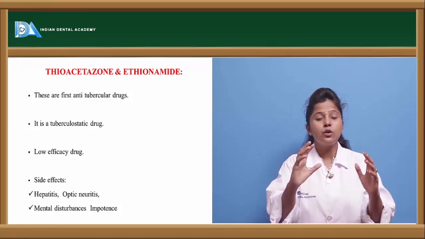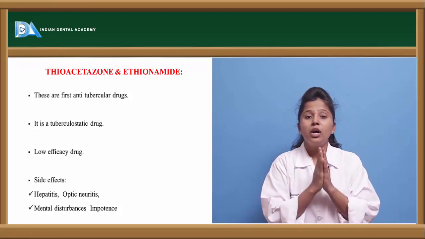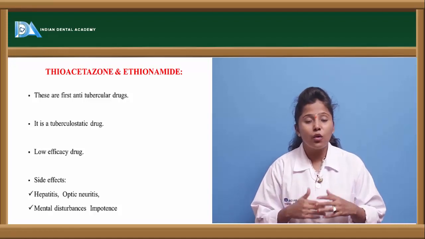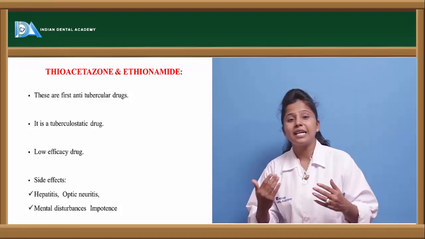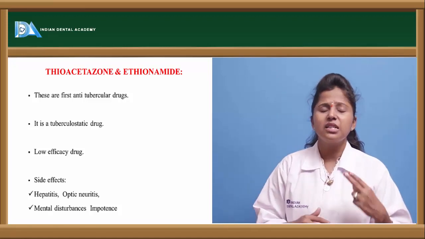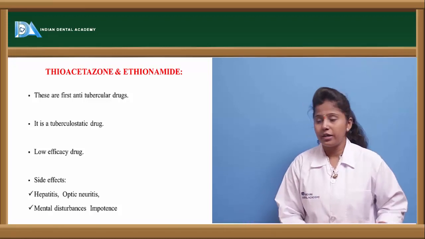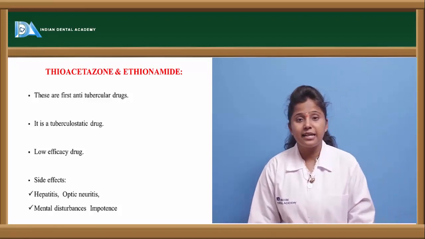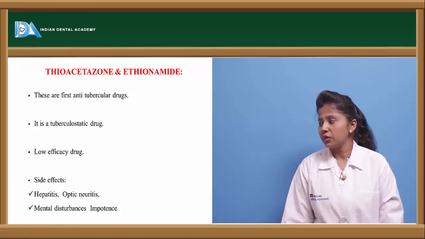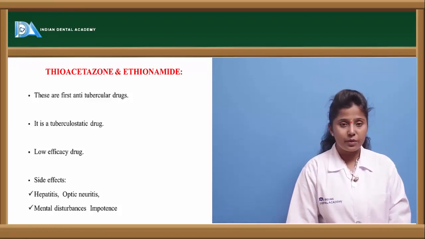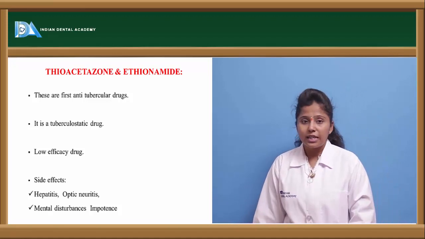When compared to isoniazid or other first line drugs, these two have low efficacy, or we can say they are less effective. That is the reason these two drugs are always given in combination with other anti-tubercular drugs. They have side effects like hepatitis, optic neuritis, mental disturbances and impotence, if used for a longer period of time.